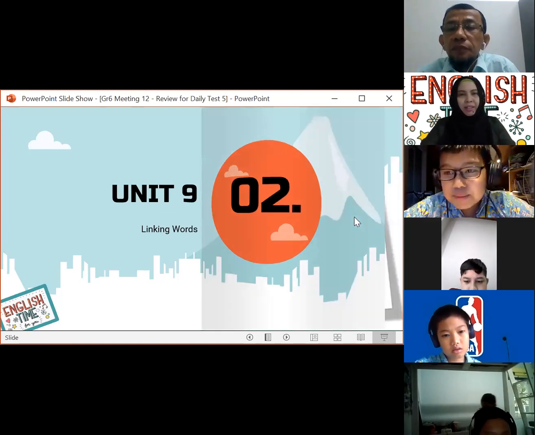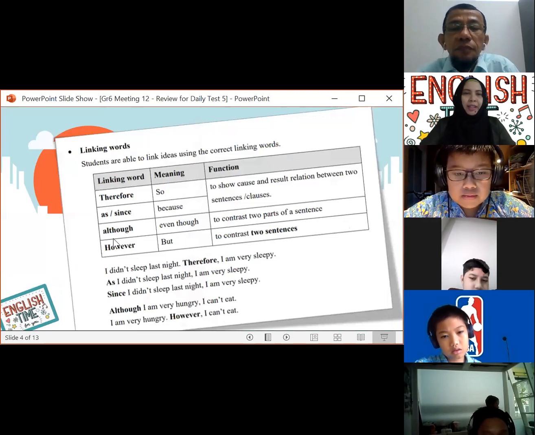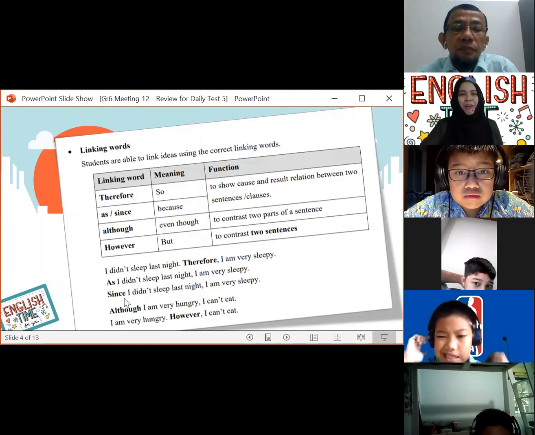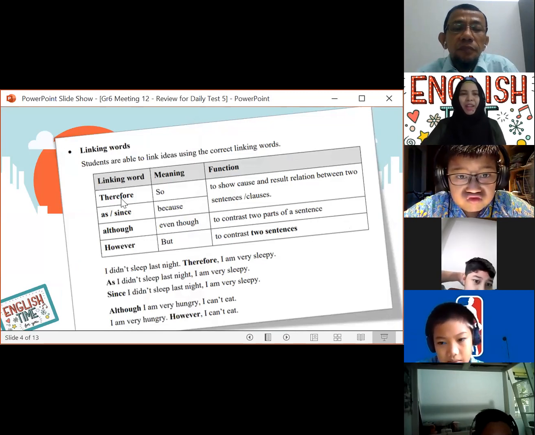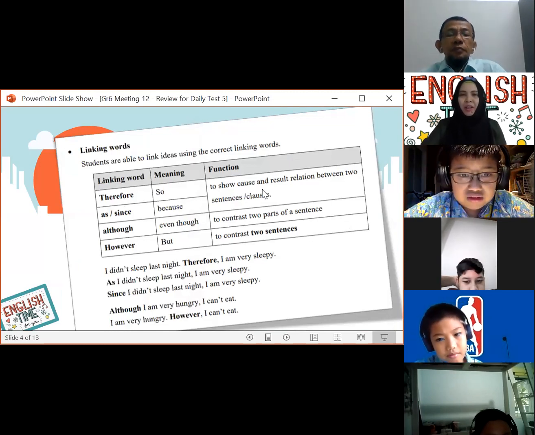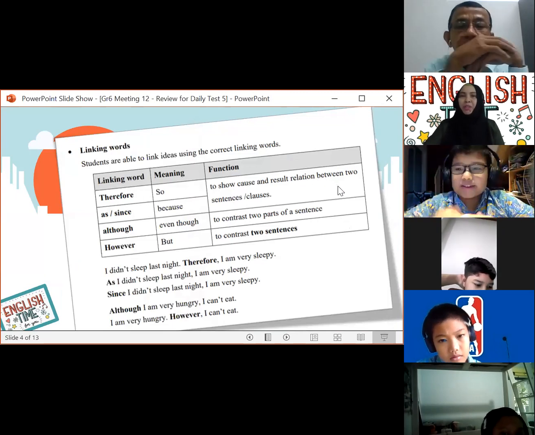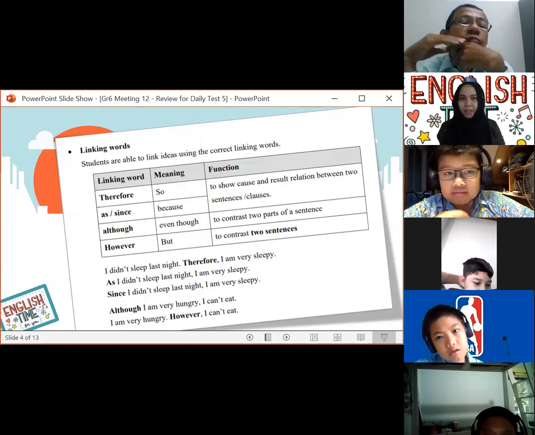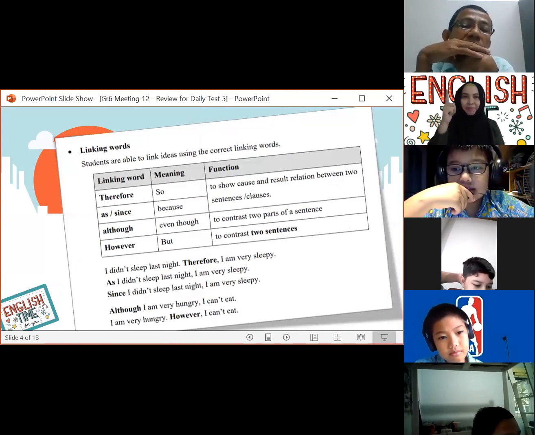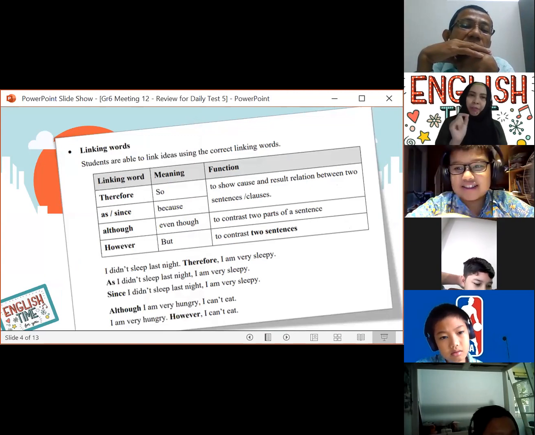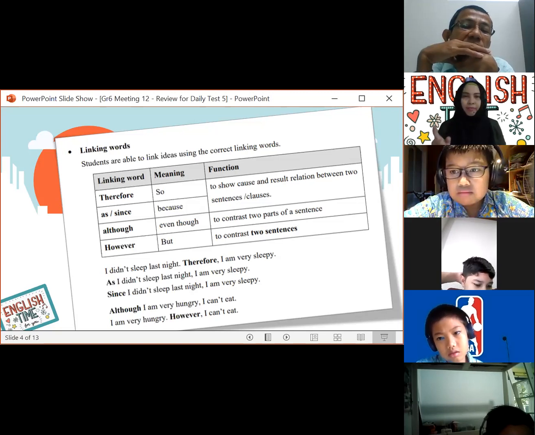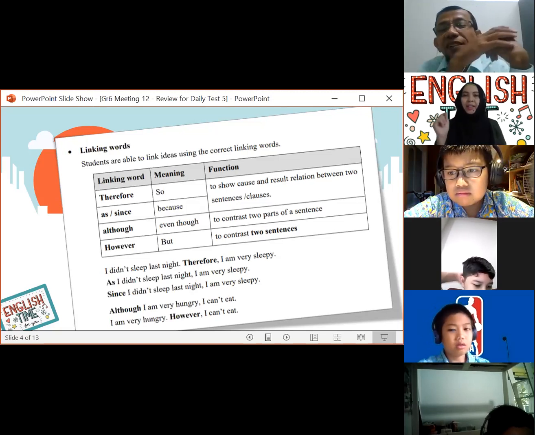So 6C, here it is. Therefore, as, since, although, and however. Therefore is used to show cause and result relation between two sentences or clauses. When you use therefore, what you see after therefore is the result. And if you use as or since, what you see after as or since is the cause or the reason.